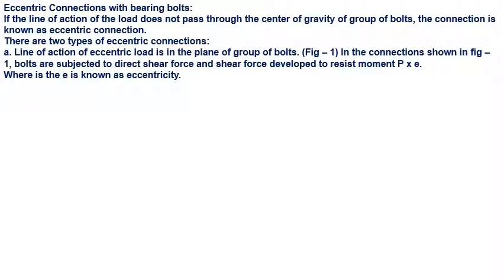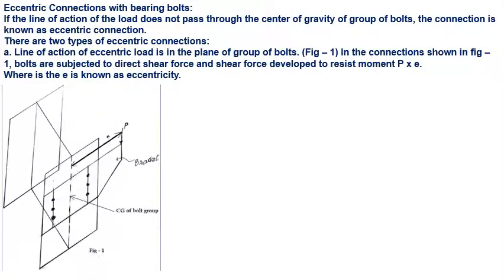There are two types of eccentric connection. The first one is where the line of action of load is in the plane of the group of bolts, as shown in figure first. There is load P and this is the CG of the bolt group.